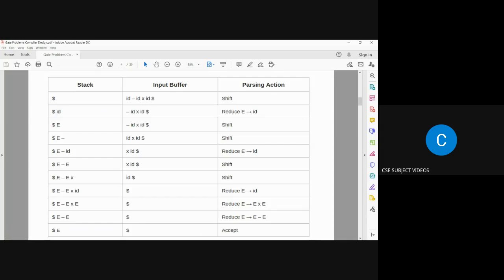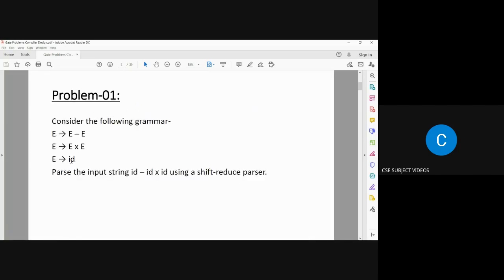Okay, now E is the starting symbol. E is the starting symbol according to our given productions.